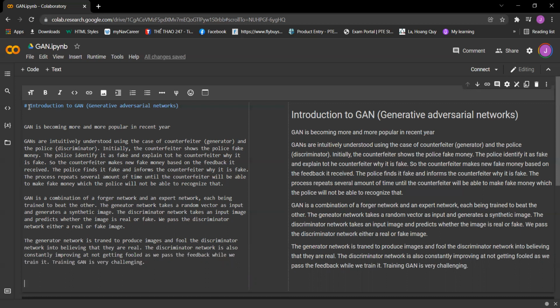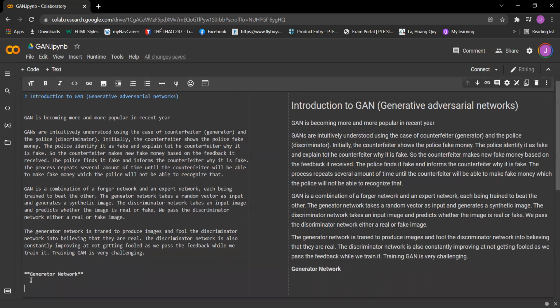So now let's talk about the generator network.